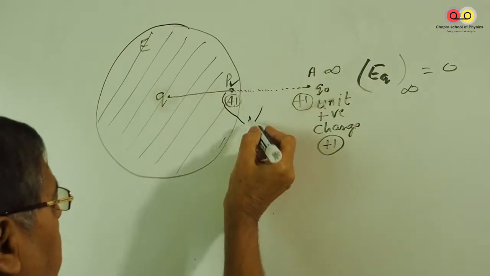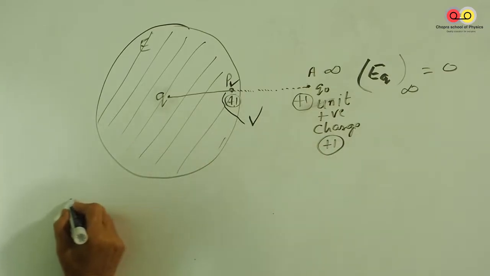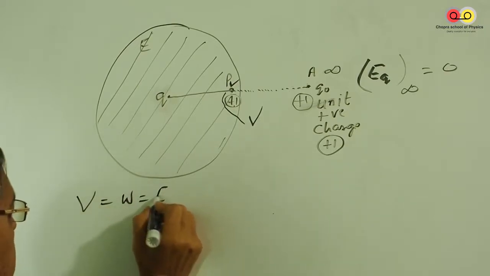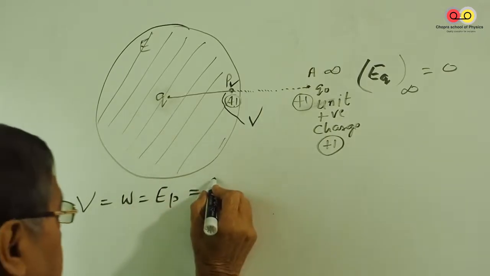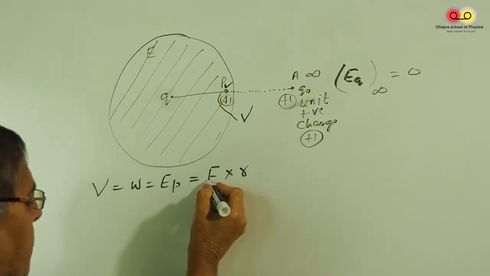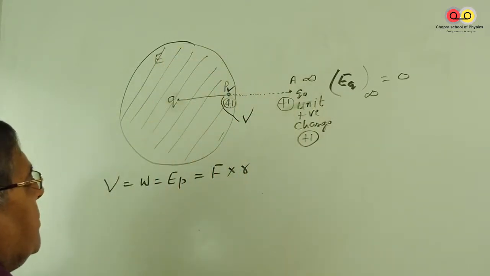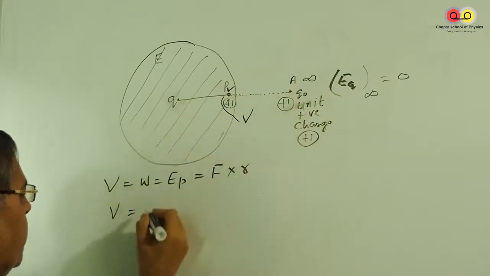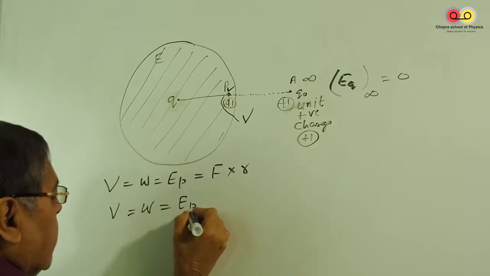Now, this potential is calculated again by Coulomb's law. So potential is work done. Work done is electrical potential energy, and work is force into distance. Force is the electrical force existing between the two charges within the electric field. So potential at a point P, that is work done, is equal to electrical potential energy.